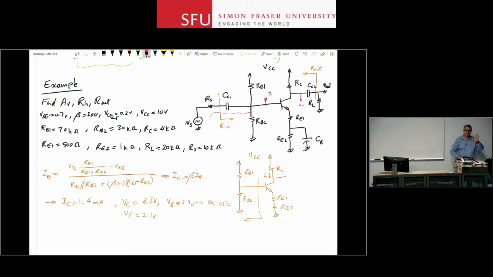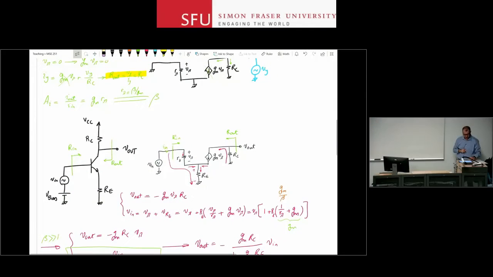So I realized that there is no connection between base and emitter, base and collector beyond that transistor itself. Sometimes you may have a resistor between base and emitter or a resistor between base and collector. In this case, we don't. So this is the basic stage that we analyzed here, right? Between the base and collector, we only have one RC and one RE, and that's it.